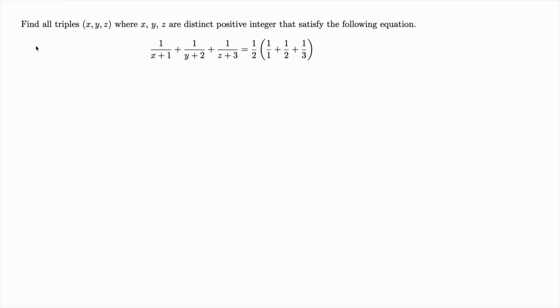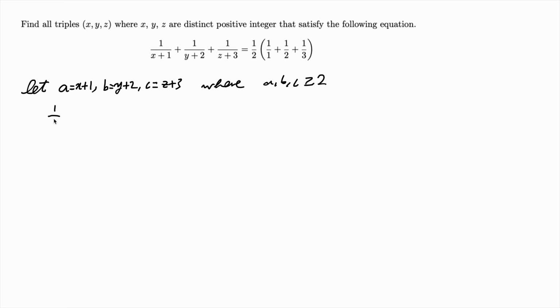Let a equal x plus 1, b equals y plus 2, and as you probably have guessed, c equals z plus 3, where a, b, and c are greater than or equal to 2.